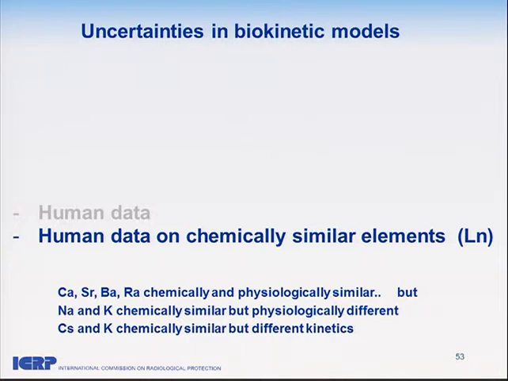But if you take, for example, sodium and potassium, they have strong similarity from a chemical point of view, but they behave completely differently in vivo. One is intracellular, the other is extracellular. And the same for cesium and potassium. They are chemically similar, but they have different kinetics. So before extrapolating, you should know that. And to know that, you need to get data. And this is a problem.